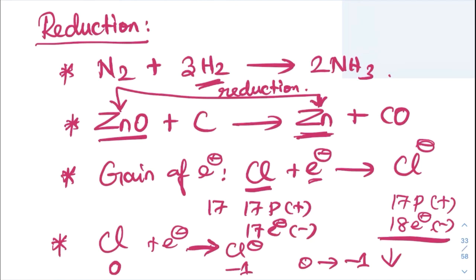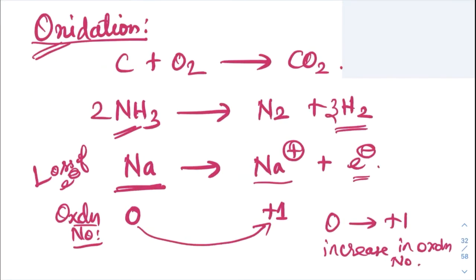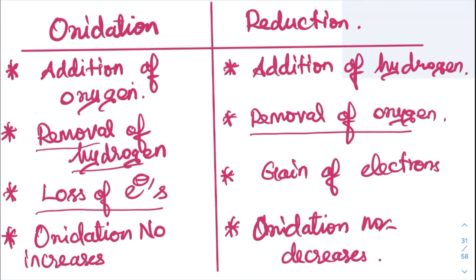So it is an example for reduction. So for oxidation and reduction, we have seen the different kinds of definitions and some examples. We will continue these oxidation and reduction reactions in detail in the next session.